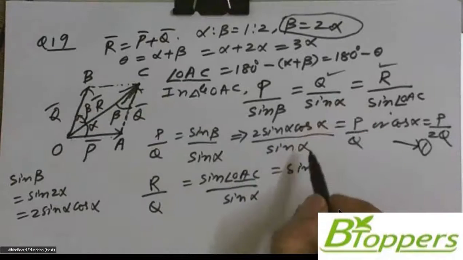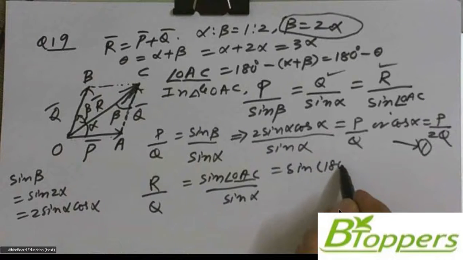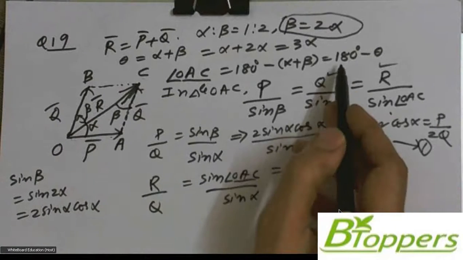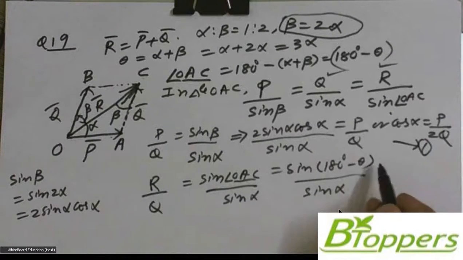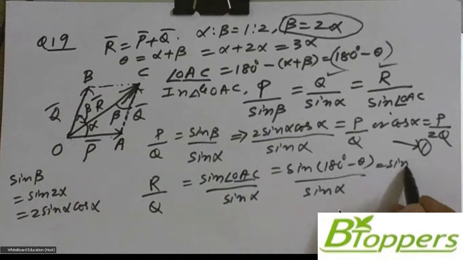Angle OAC equals 180 minus theta from here. Sine of 180 minus theta is sine theta, from trigonometry.